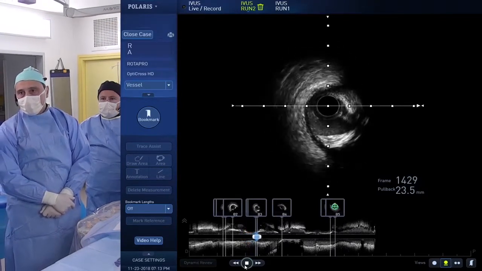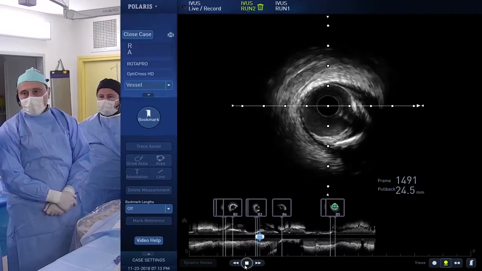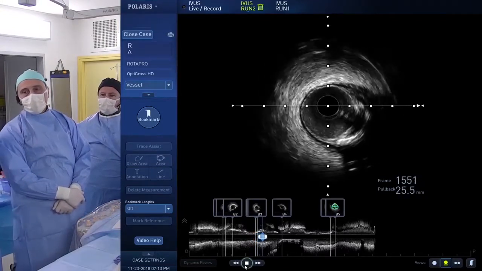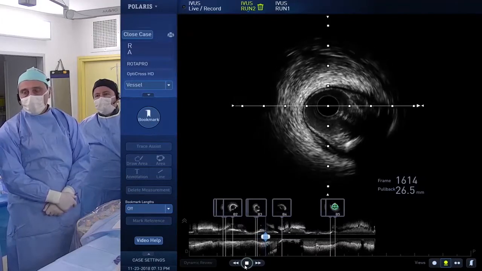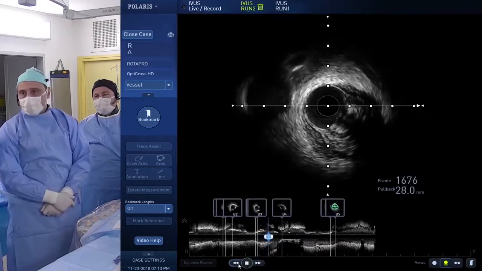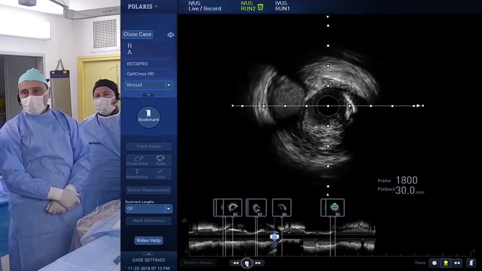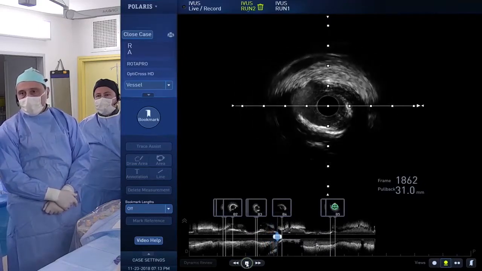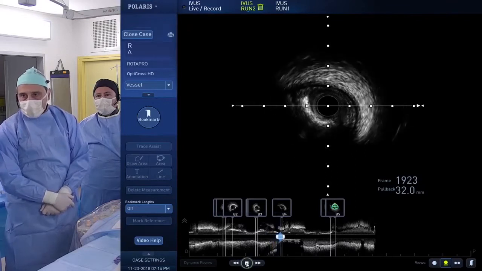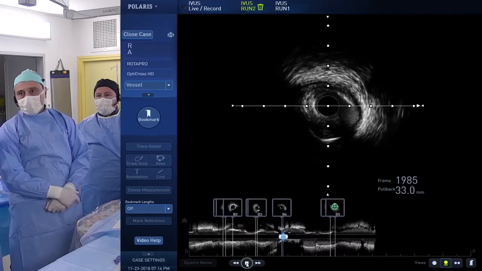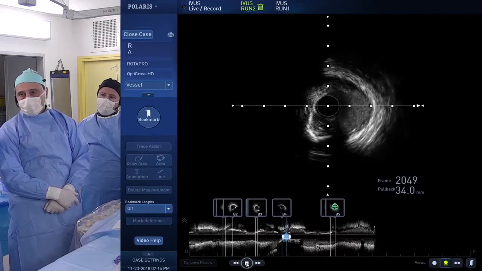Here you have more than 2 quadrants involved, and that is for us a good enough criterion to start rotablation as a first intention. We discussed this with Nicola. Lots of plaque here from 2 o'clock till 9 o'clock. As we go back again, another big bunch of calcium, more than 3 quadrants at this level.